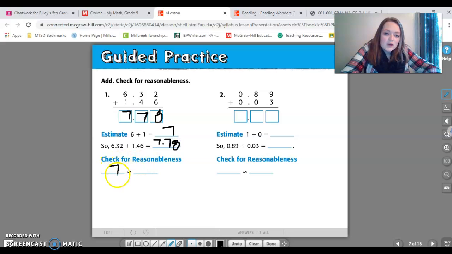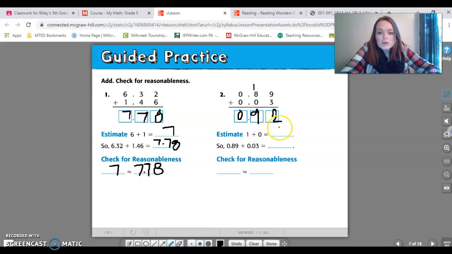Checking for reasonableness. Yes, they are very similar. We are okay to move on with our next problem. All right, let's look at number 2. We have a 9 and a 3, gives me 12. Carry my 1. 8 plus 0 is 8, plus 1 more is 9. Bring down my decimal. 0 plus 0 is 0.